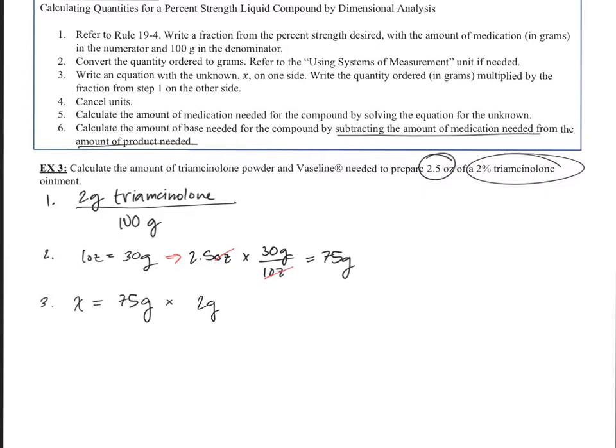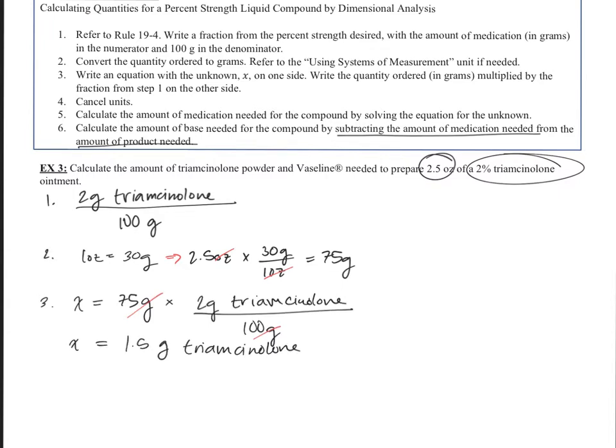It's 2 grams of triamcinolone, apparently that is how it is pronounced, over 100 grams. Okay, we can go ahead and cancel out the grams. Multiplying the 75 times 2, then dividing by 100, we get x equals 1.5 grams of triamcinolone.